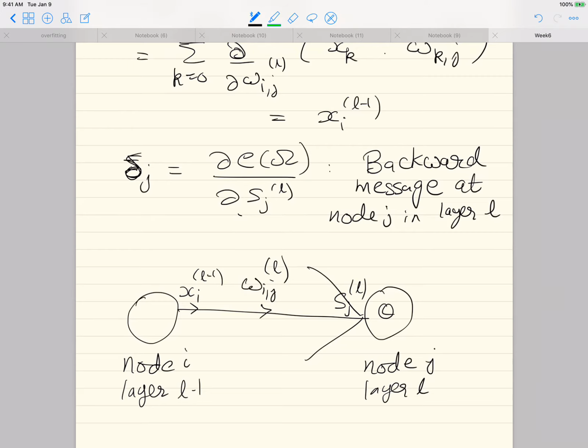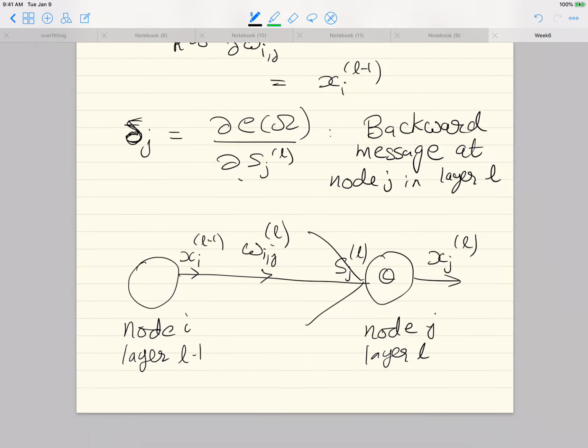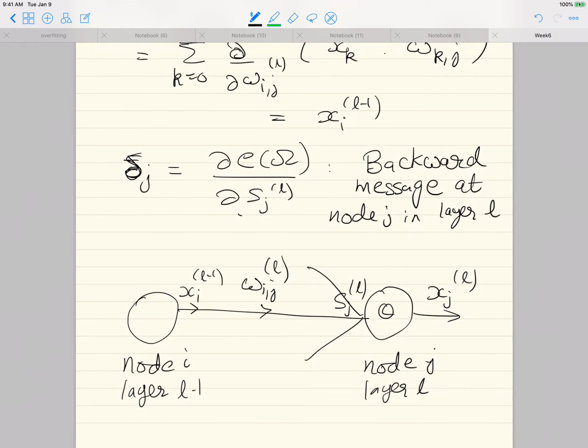There is theta here, the activation function, and that produces Xj of L. So this is the setup we have so far. This is all our notation: the output from node I in layer L minus 1, the input in node J in layer L, and the weight between these two nodes. Now Xi is the message going forward on this edge. Delta J is the message going backward on this edge.